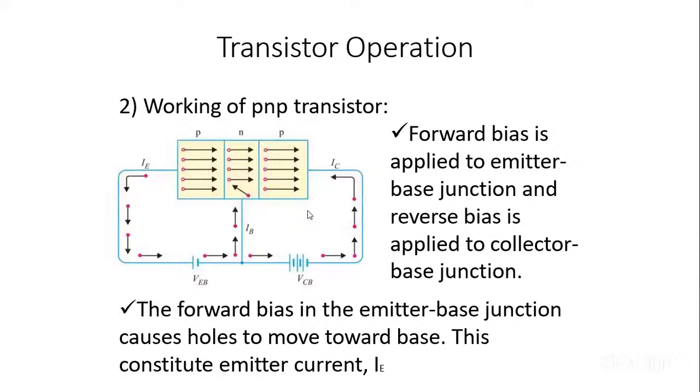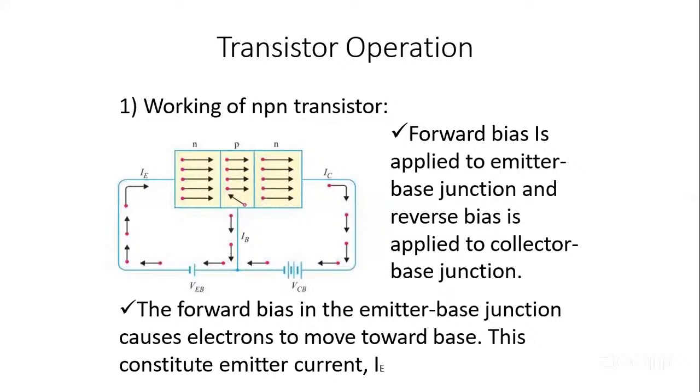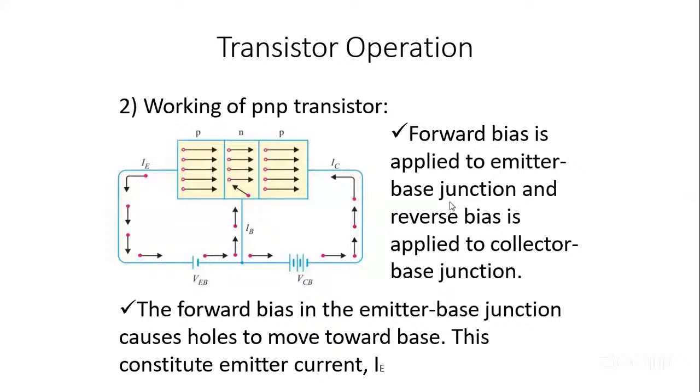So the working principle of PN junction, I've talked about NPN. PNP is similar to NPN. The only thing is you interchange the polarity. For PNP, majority charge carriers here in the emitter side is holes.